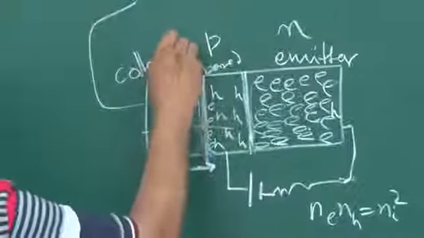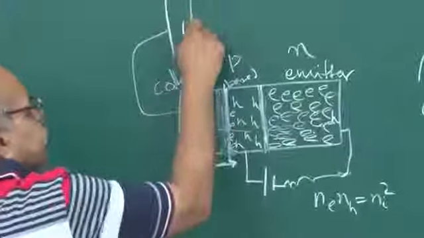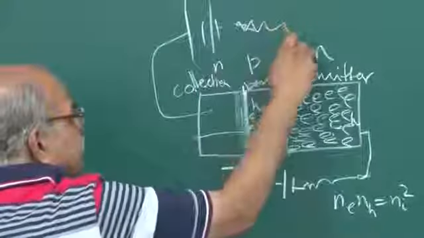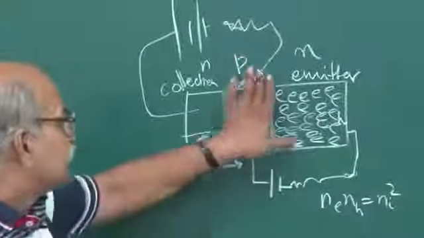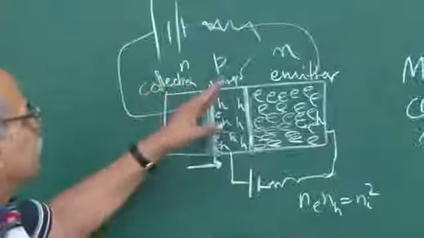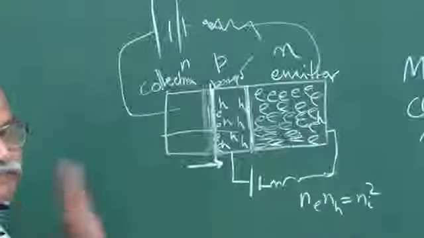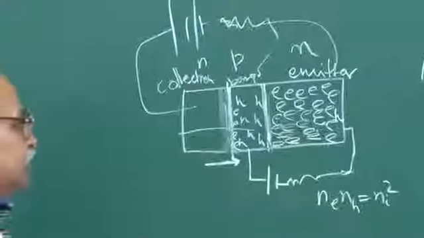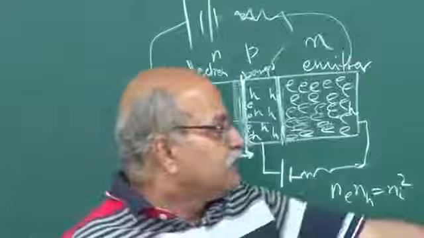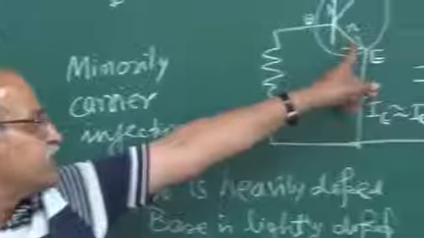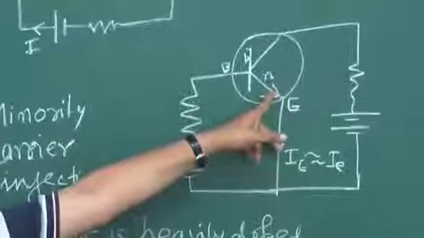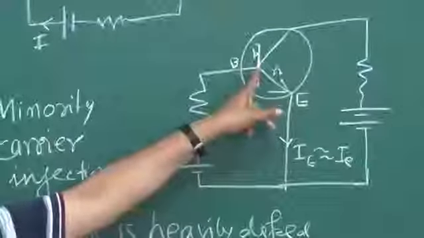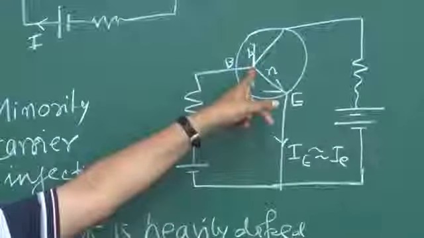This is P, this is N, so you should have positive here, whatever resistances and all that. It's connected here, but anyway the potential difference is there. Right? So what is the picture now? The picture now is this emitter has injected lots of conduction electrons into this base, but the base region is very thin.